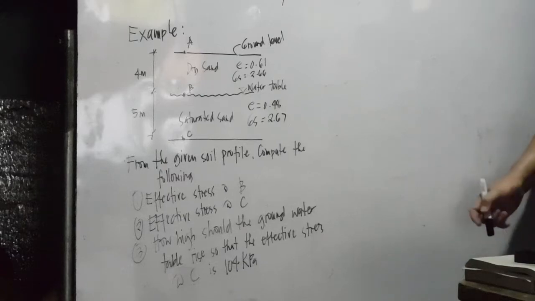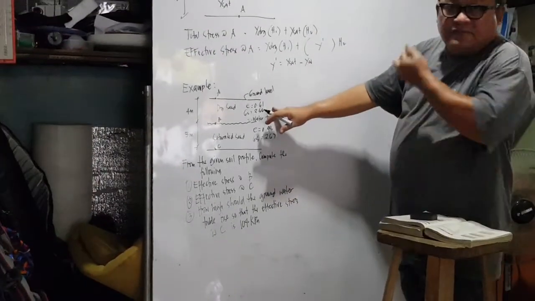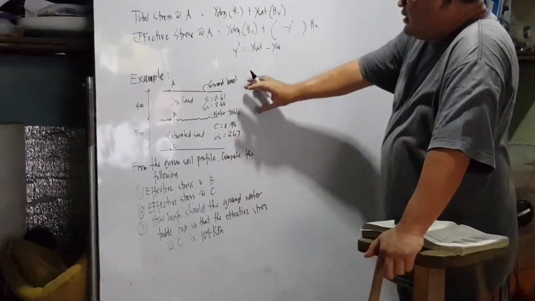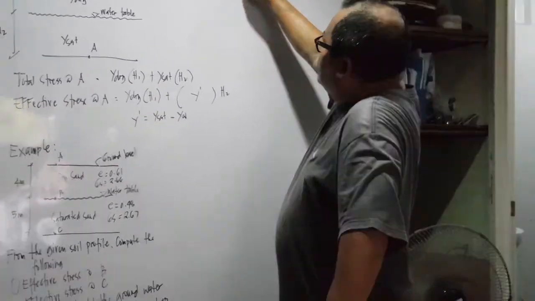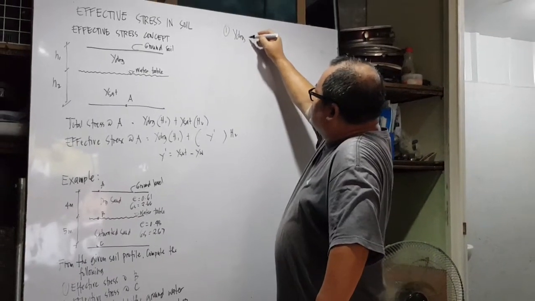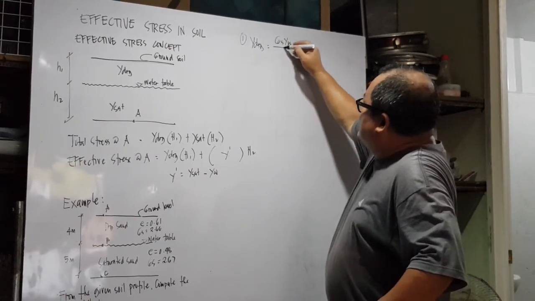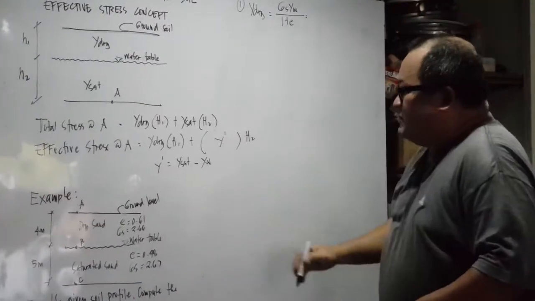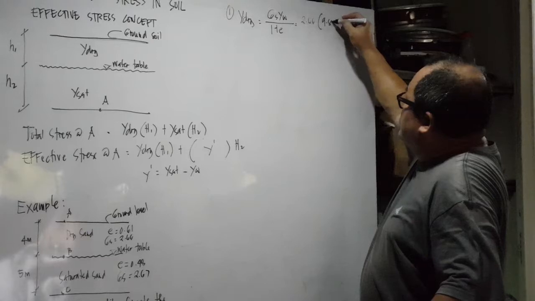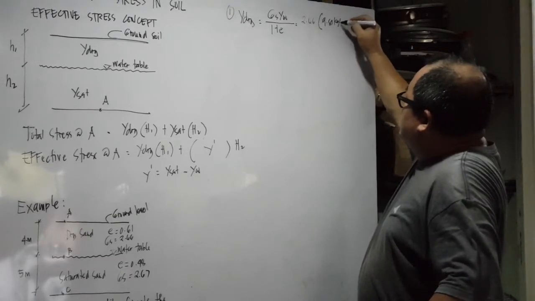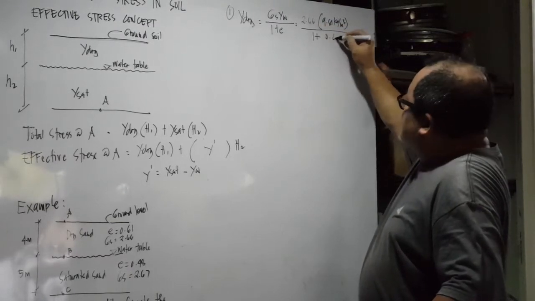Karon na natin i-solve. Before kita mag-solve kang stress, solve na natin ang unit weight sa kada layer. So, for solution number 1, Y dry is equal to, formula is GS YW over 1 plus E. So, ang GS mo is 2.66, ang YW ta is 9.81 kilonewton per cubic meter, divided by 1 plus 0.61.